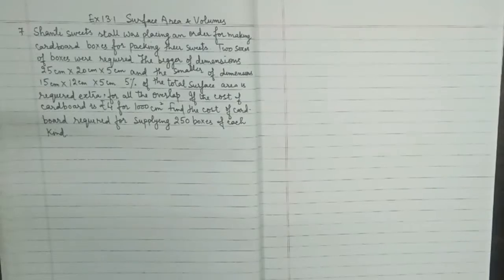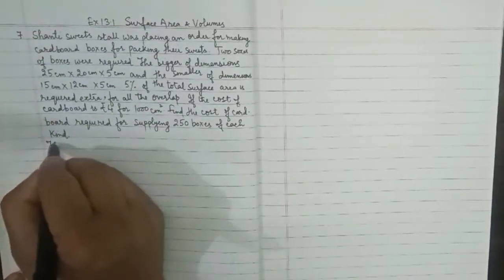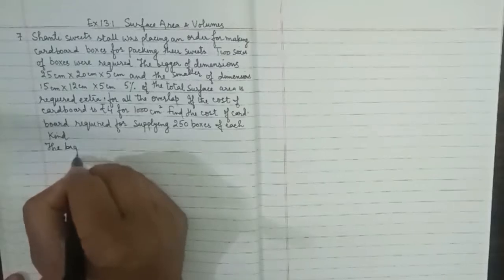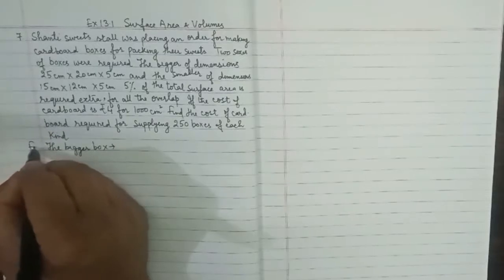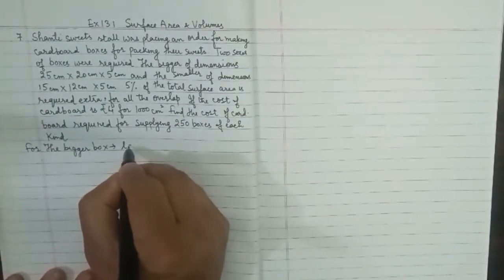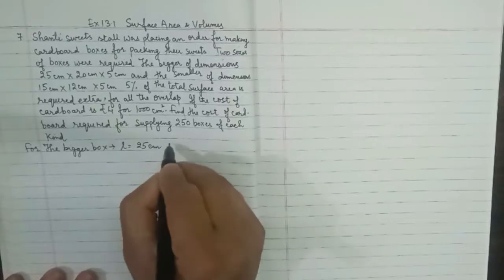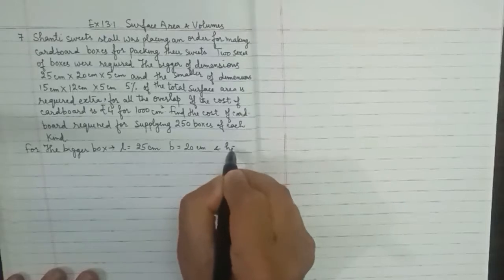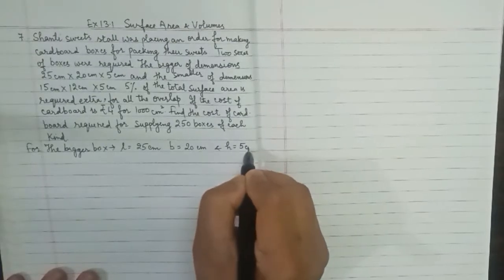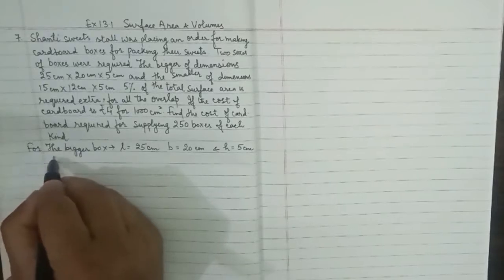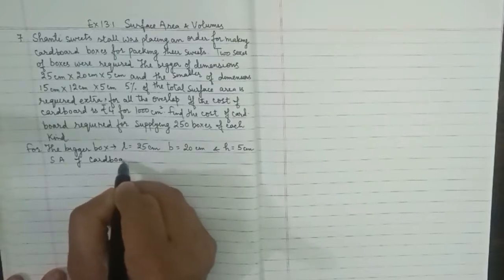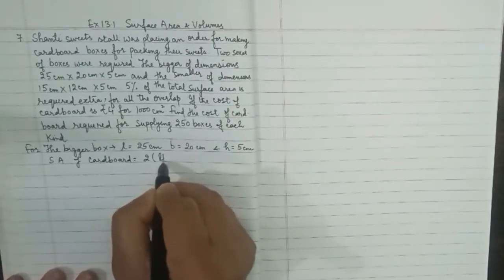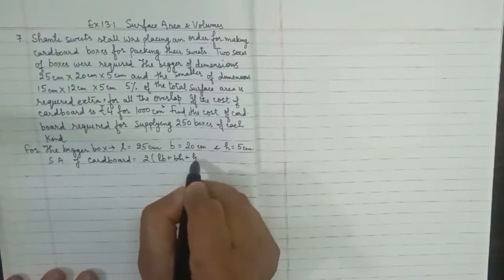Now the length, breadth and height of the bigger box. For the bigger box, length is equal to 25 centimeter, breadth is equal to 20 centimeter and height is equal to 5 centimeter. So surface area of cardboard will be equal to formula 2(LB plus BH plus HL).